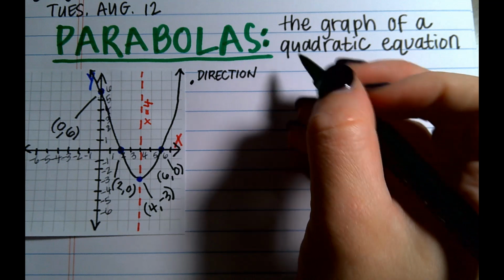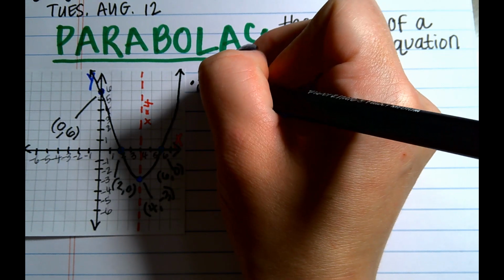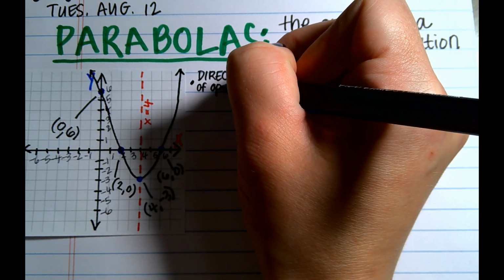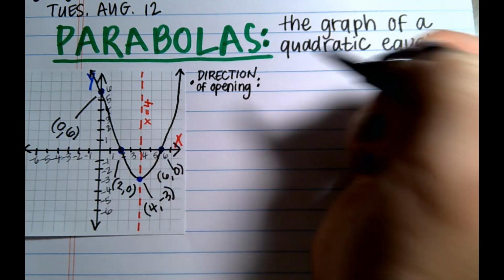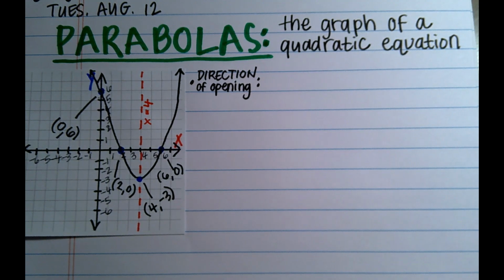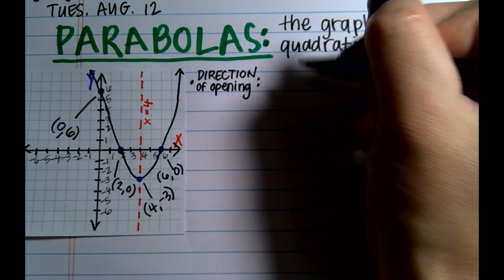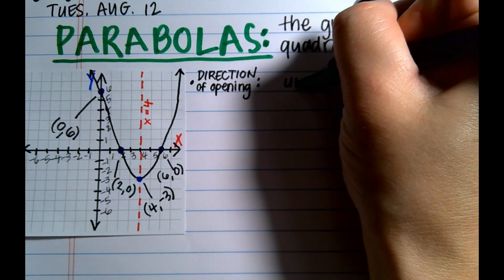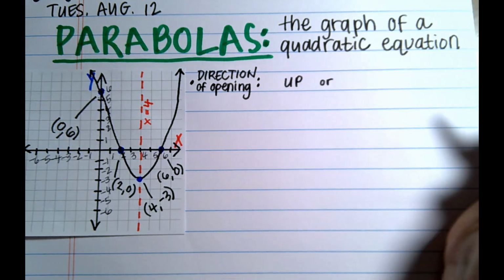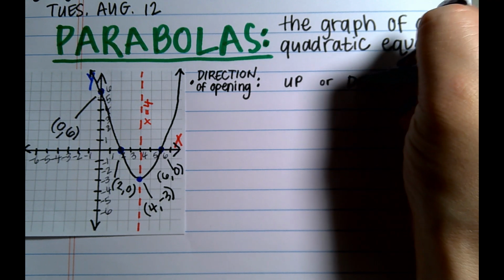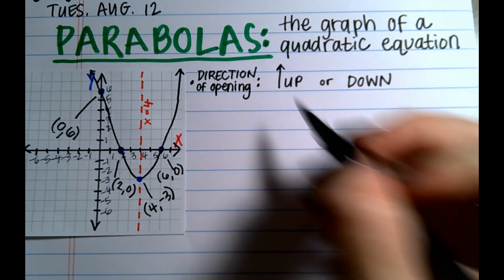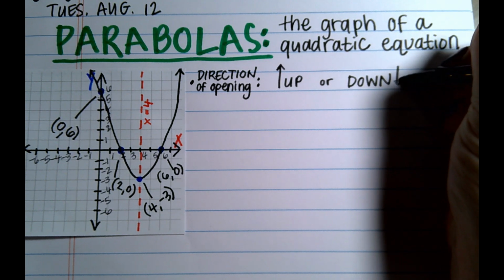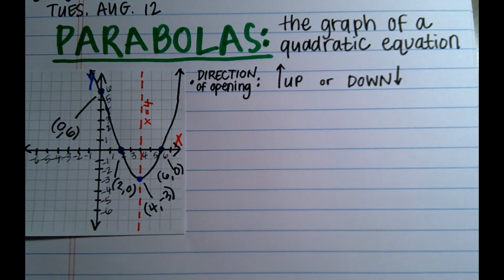Direction of opening. And your options for that will always be up or down. So next to that, we're going to write up or down. And you know, up is facing up, down is facing down, just like that.